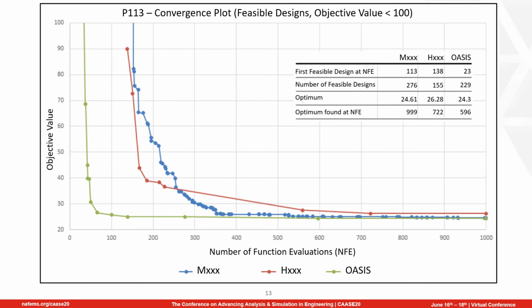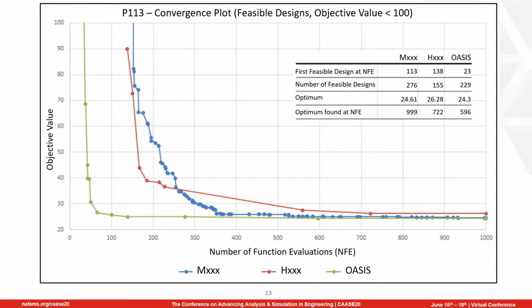But if we look at the convergence graphs, actually the Oasis algorithm is in that landscape of optimum at around 150-ish function evaluations. The first one, the blue curve, is in the same landscape around 350 evaluations.